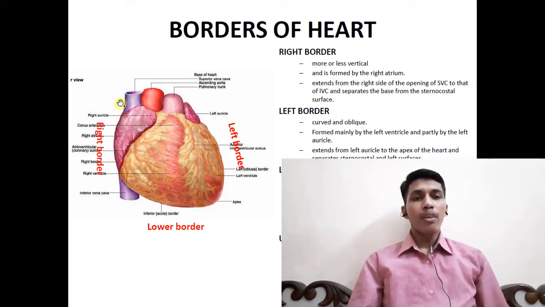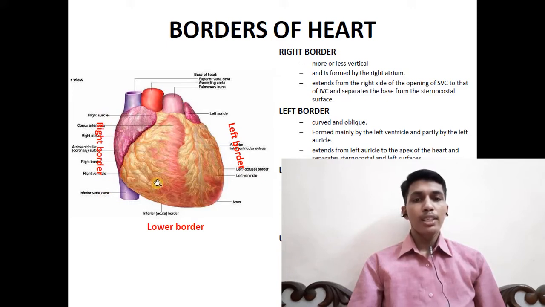It extends from the superior vena cava, this one, to the inferior vena cava, and it separates the base from the sternocostal surface. The base is the upper or superior portion, formed of the right atrium and the left atrium. The sternocostal surface means the anterior surface.